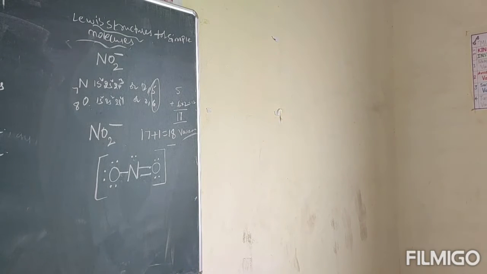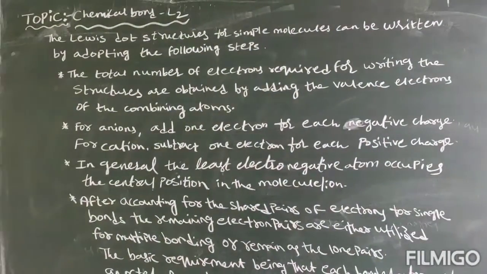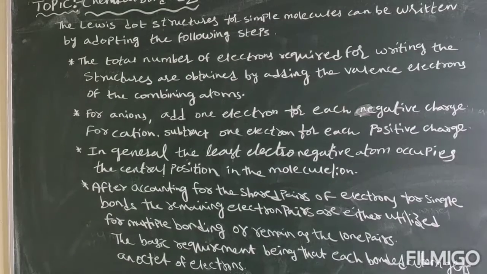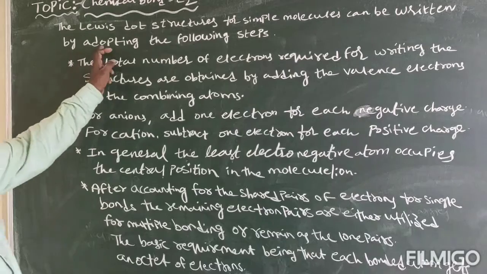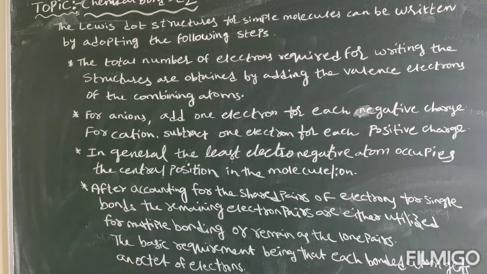What are the rules for writing the Lewis dot structures? Just note this down. The Lewis dot structures for simple molecules can be written by adopting the following steps.